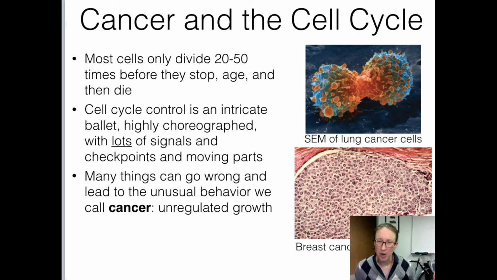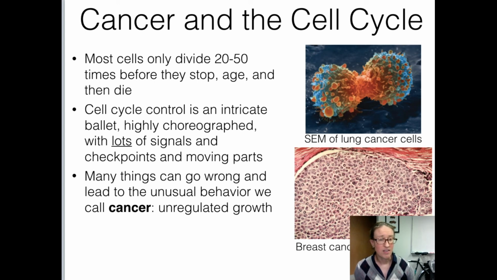So I'm really hoping that you're getting the message that the cell cycle control is a really intricate ballet. It's really highly choreographed, and there's lots of signals and checkpoints and moving parts. So what that means is that there are a lot of different ways that things can go wrong with the cell cycle that will lead to the unusual behavior that we refer to as cancer.